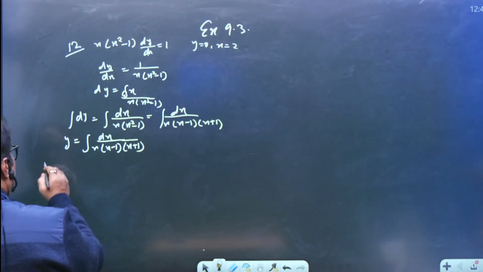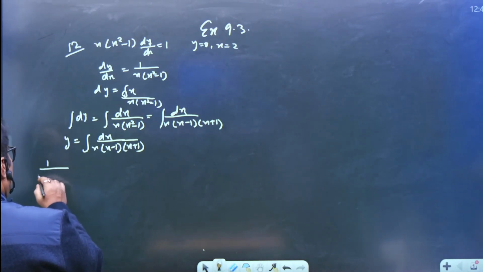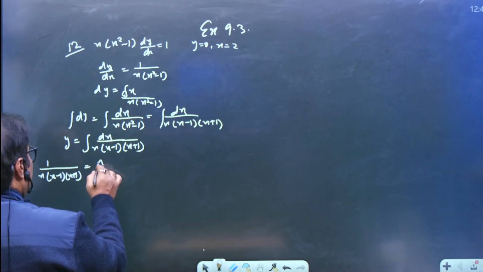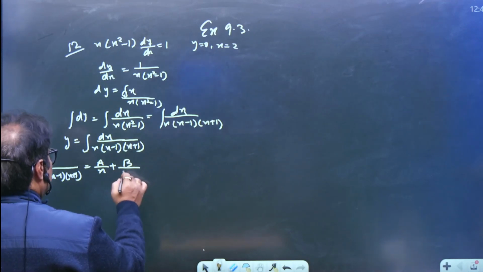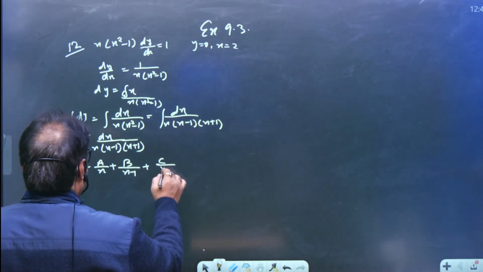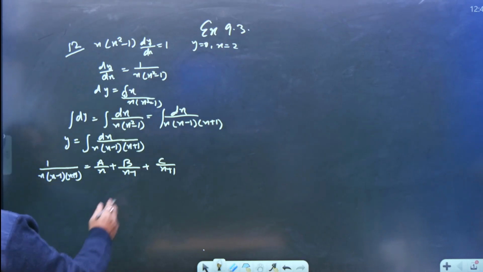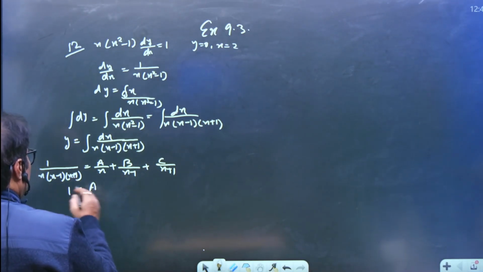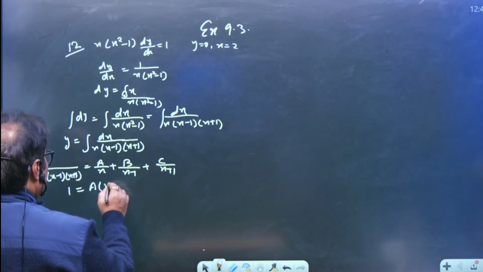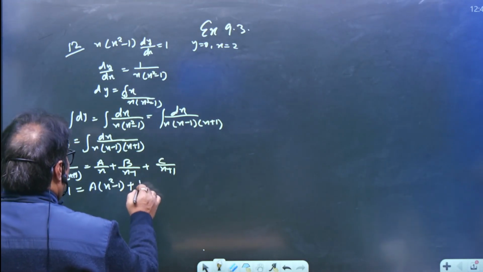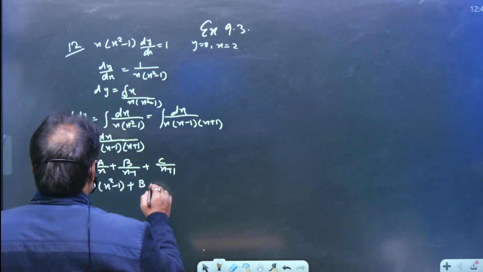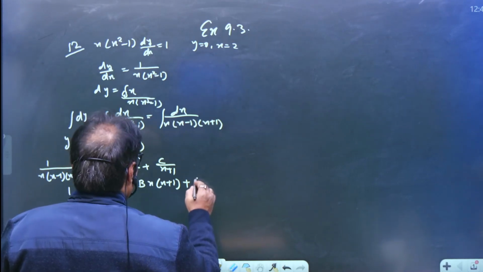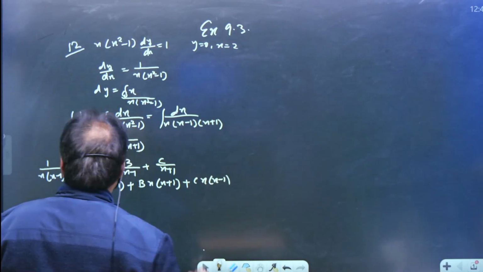So 1 upon x into x minus 1 into x plus 1 is equal to a by x plus b upon x minus 1 plus c upon x plus 1, right? So the LCM will remain the same. So 1 is equal to a into, this x will cancel, so this is x minus 1 x plus 1, x square minus 1, and now x minus 1 will cancel out. So b into x plus 1, and then x plus 1 will cancel out. So c into x minus 1.